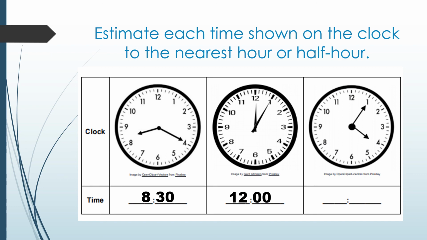The last clock, we have our hour hand in between the 4 and the 5, and the minute hand pointing at the 1. So is the 1 closer to the 12 for o'clock, or is it closer to the 6 for 30? It's closer to the 12, so this time will be closer to 4 o'clock.